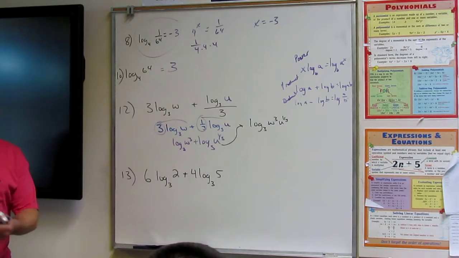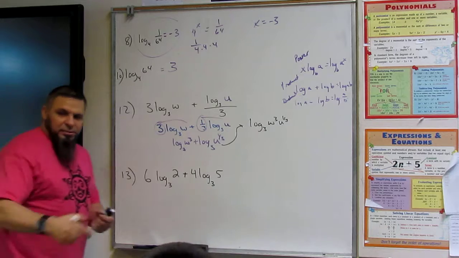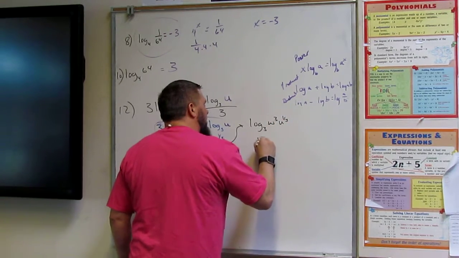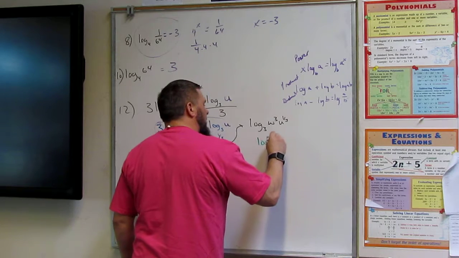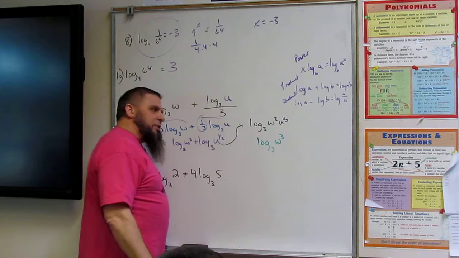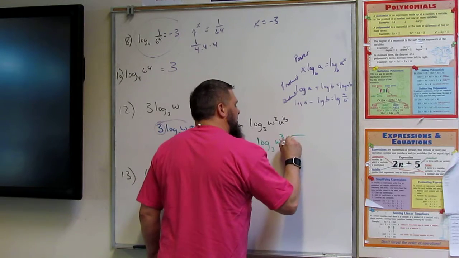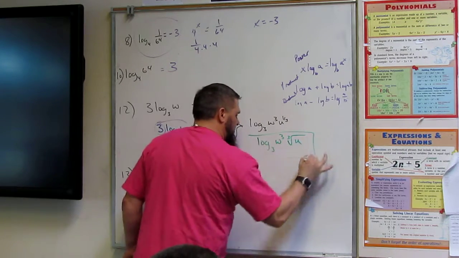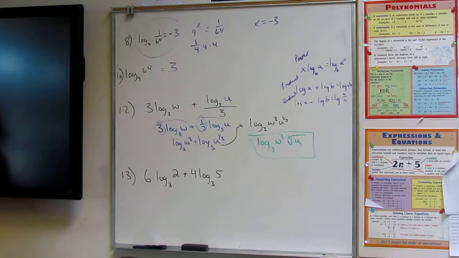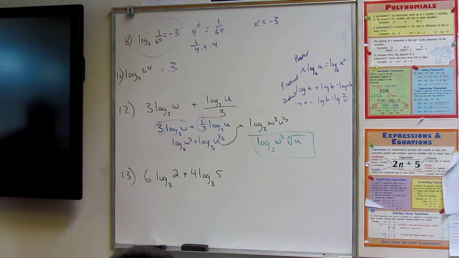And then what your book wants you to do is realize that 1/3 is log base 3 of w cubed of the cube root of u. And that's your answer. So remember, when you have a 1/3 exponent, that's really a cubed root.